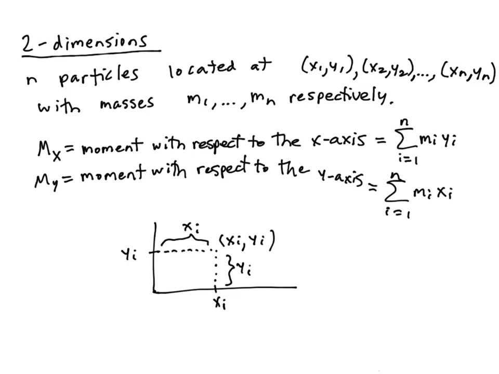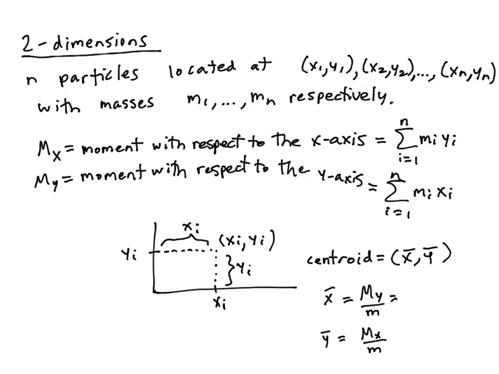Finally, how do we find the centroid, the center of mass? We are looking for x bar, y bar. You just find x bar and y bar with the formulas we had before. So x bar is going to equal the moment with respect to the y-axis divided by M, and y bar is equal to the moment with respect to the x-axis divided by M. Now I know it seems weird and backwards that we have an x bar but then a y in the actual formula, but that's because of the flip.